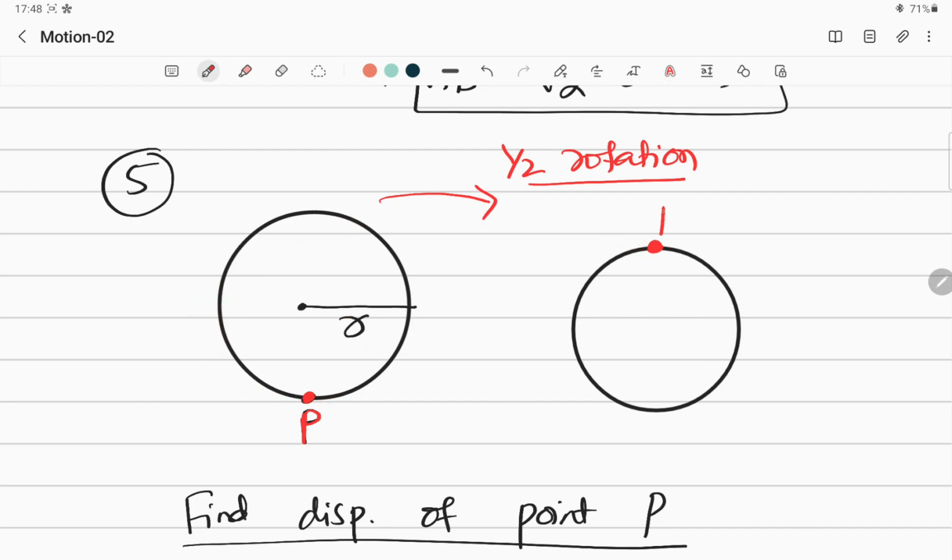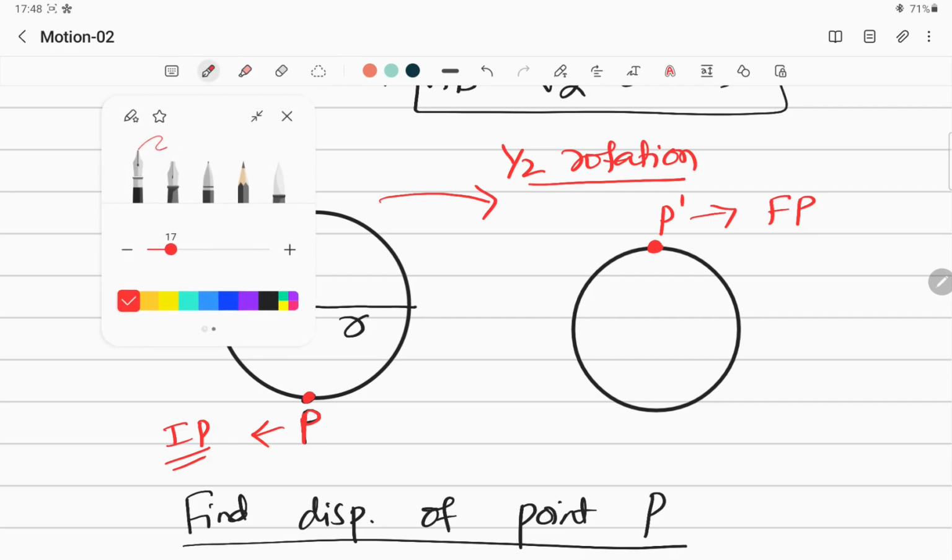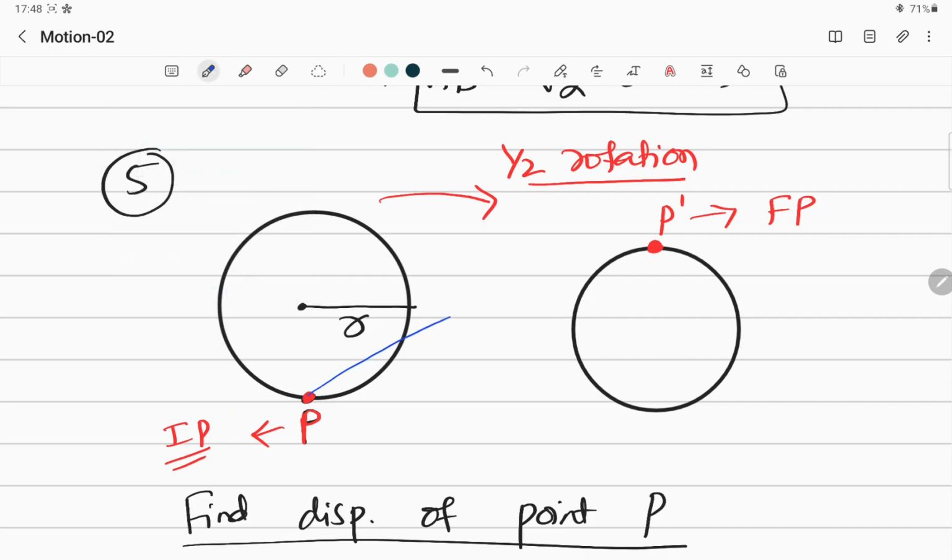Let me mark that point as P dash. So this P is the initial position, and P dash is the final position. The distance between them, in blue color, P P dash, is the displacement. Now you need to find the value of P P dash. The big challenge is how to find this.